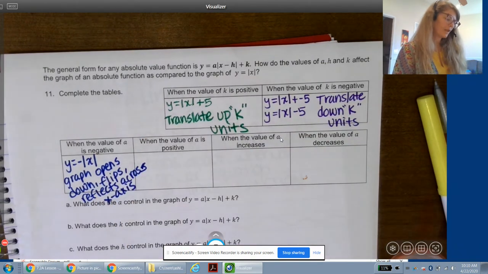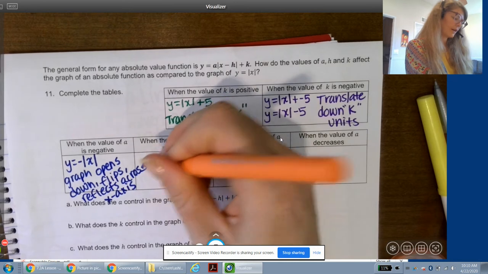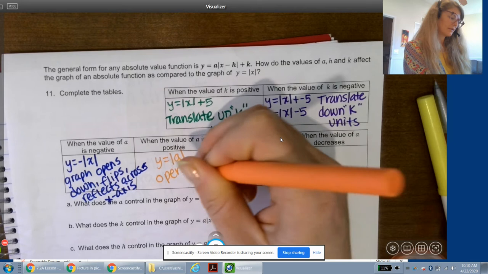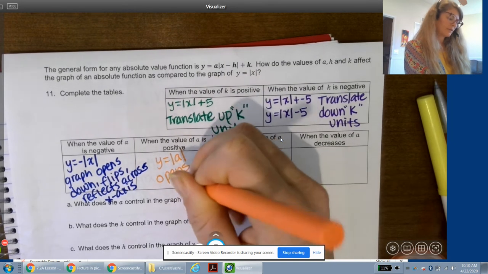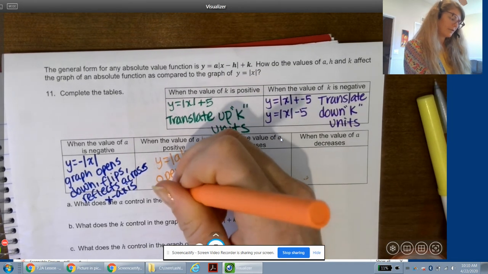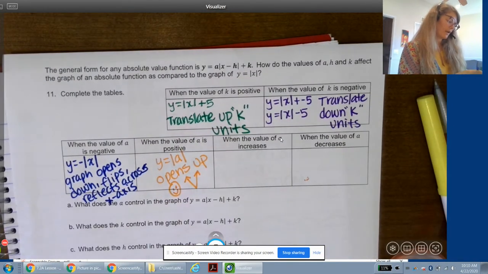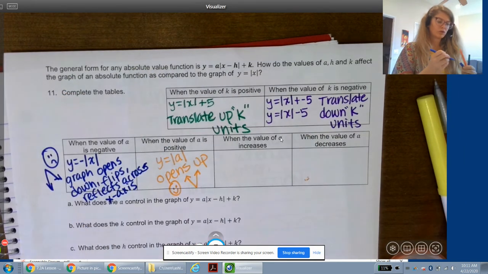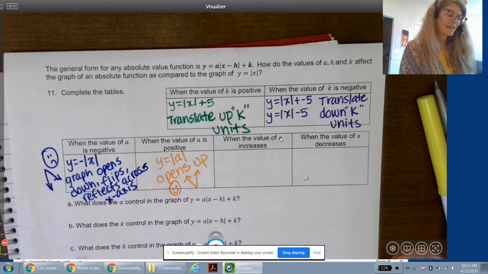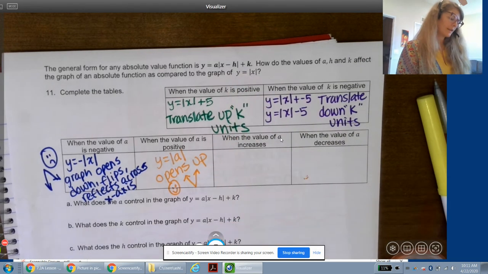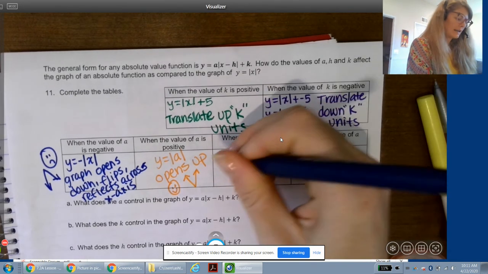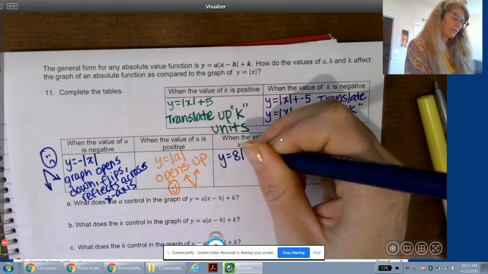Cool. When the value of a is positive, so if we have just y equals the absolute value of x, that means we are open up, a happy absolute value. Here, remember, we're opening down. We're a sad one. When the value of a increases from our parent function, we could have something like y equals 8 times the absolute value of x.